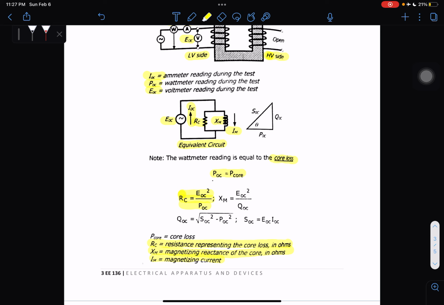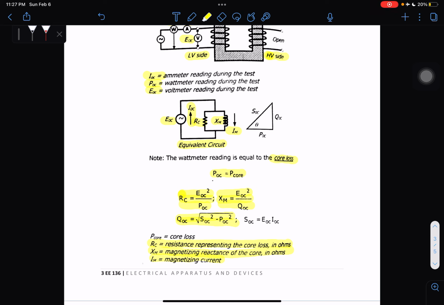And for our XM, magnetizing reactance, ang gigamit nato diri is QOC. So unsa man ning QOC? So reactive na niya. Reactive volt ampere ang atong unit for Q. And to solve for QOC, we have the square root of SOC squared minus POC squared.